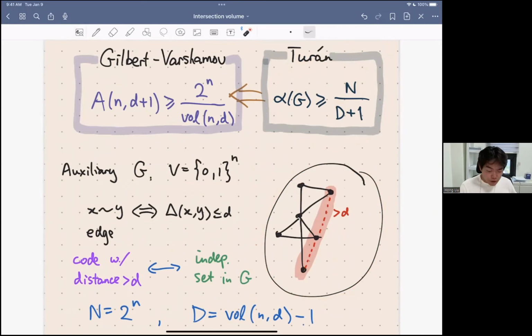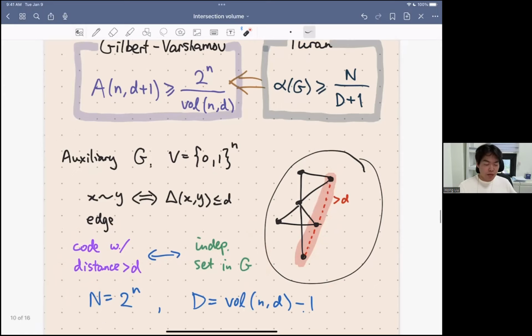Now the crucial observation is that an independent set here corresponds to strings that are pairwise at distance strictly bigger than d by construction. What it means is that there is a one-to-one correspondence between codes with minimum distance more than d and independent sets in this auxiliary graph G.